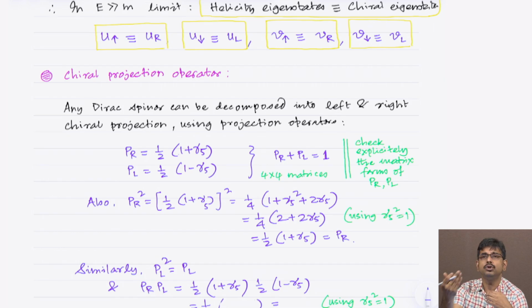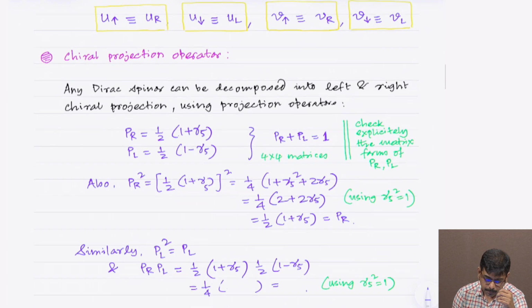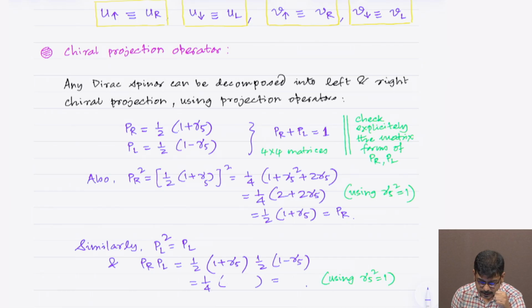So, now why should I call these projection operators? Because they have some typical properties. What kind of properties? For example, first I take PR square, which will be half of 1 plus gamma 5 square, and this will be 1 by 4 times 1 plus gamma 5 square plus 2 gamma 5, right, and then gamma 5 square is equal to 1.